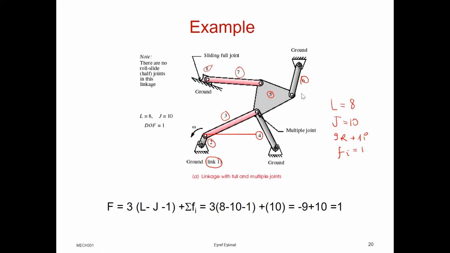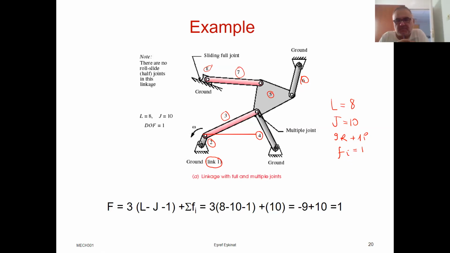Hocam, for the degree of freedom of joint i, for fi, isn't the 8 joint 2 degrees of freedom? Which joint? The 8, prismatic with plane. No, it is grounded. No, it has 1 degree of freedom. You see, the prismatic joints always have 1 degree of freedom.